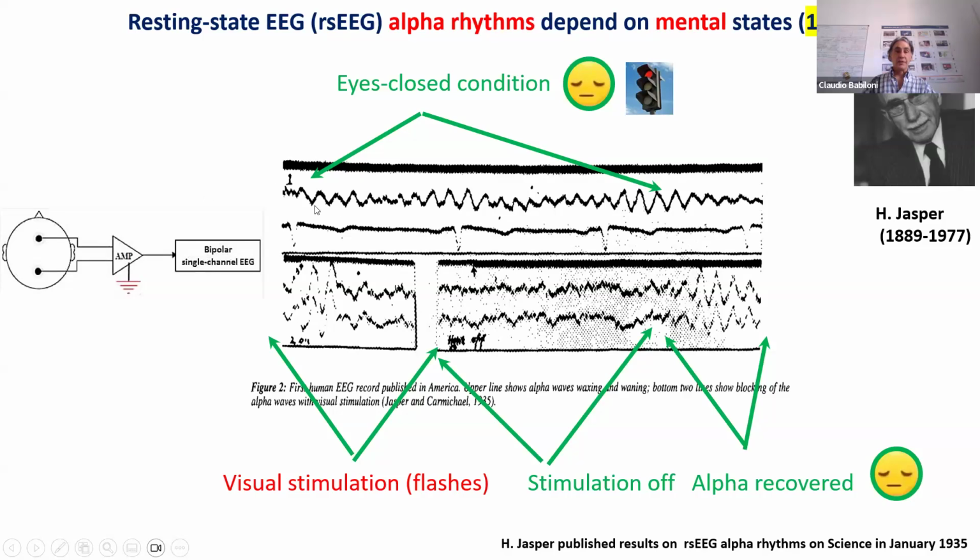Professor Jasper could replicate Hans Berger's results, and you see that in the eyes closed condition, the alpha rhythms appear, and he could also demonstrate that EEG activity was affected by visual stimulation flashes.